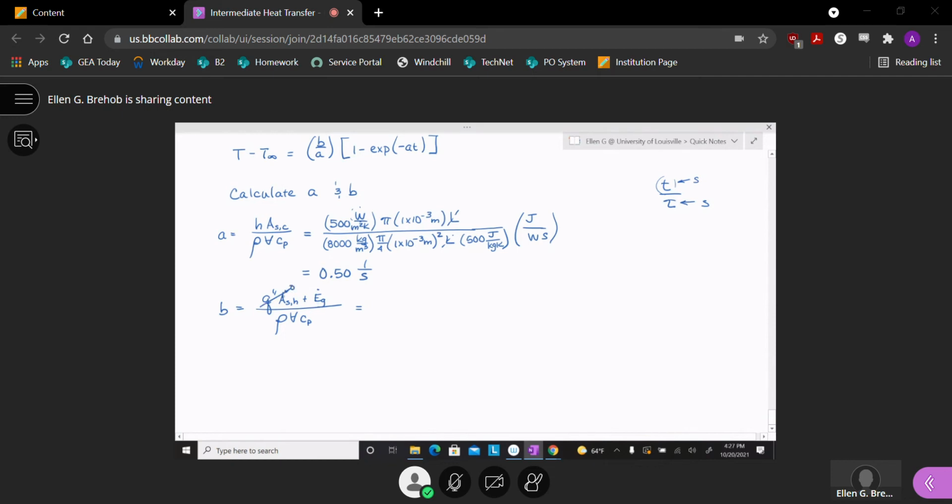Heat flux, that's gone. But we've got heat generation going on through this wire, and it's the R prime, and I'll put the L in here again, and 100 amps squared, and rho.